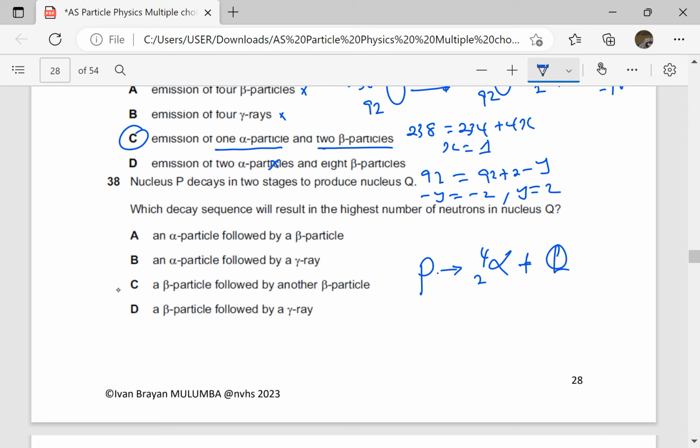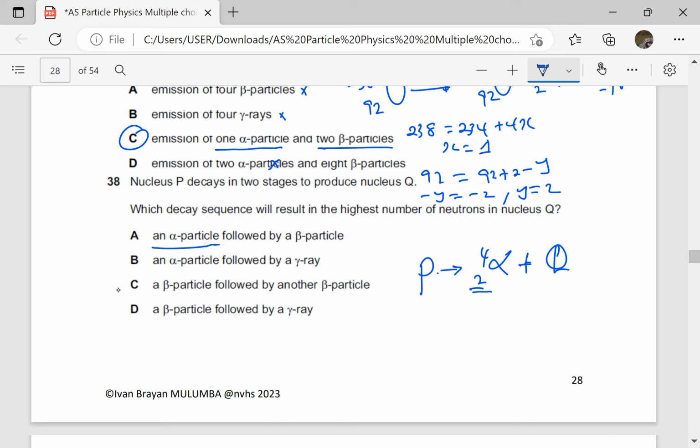Which decay sequence will result in the highest number of neutrons in the nucleus Q? So one, we are saying an alpha particle followed by a beta particle. It means the number of neutrons in Q will reduce because the proton number reduces. If it emits an alpha particle, proton number reduces by 2, followed by a beta particle, proton number increases by 1.